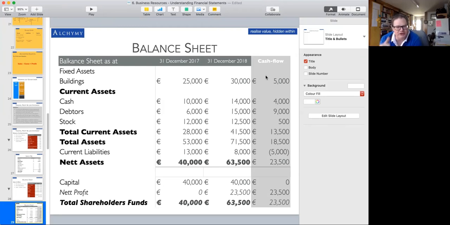So we know we spent money on buildings. We had to have spent money. We have to buy buildings, or certainly that's where value has gone. We know that of the 23,500, 4,000 has been added to the cash, and so on. So you can see where those things are happening in the numbers.